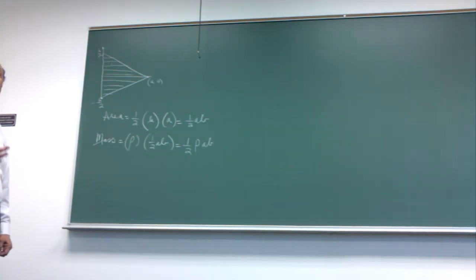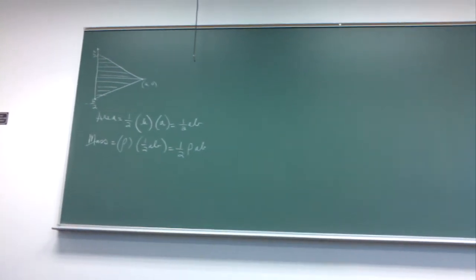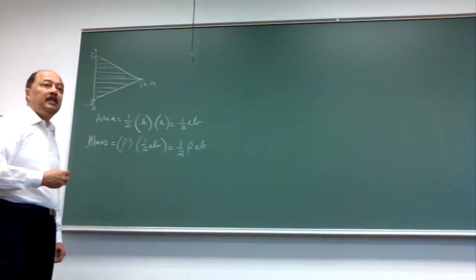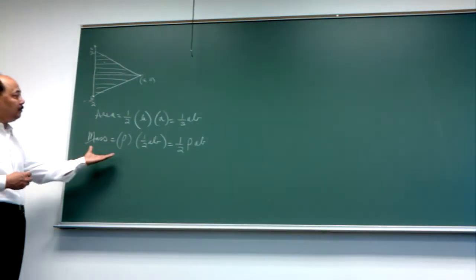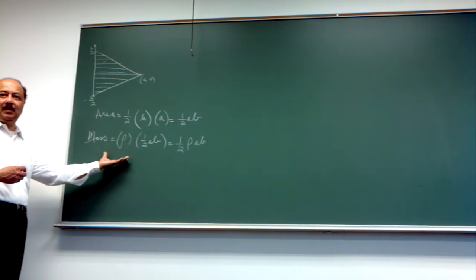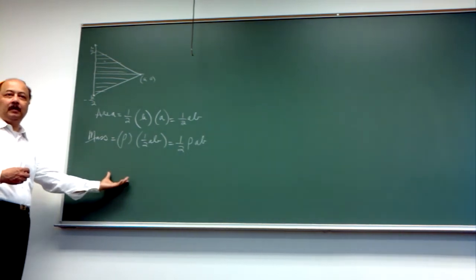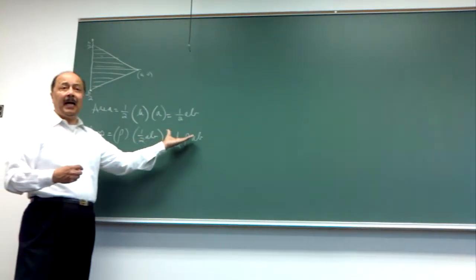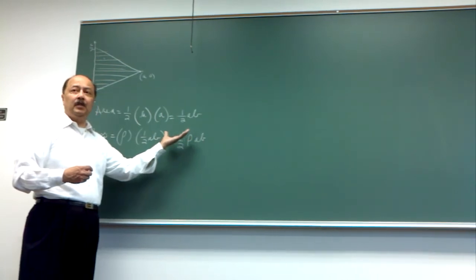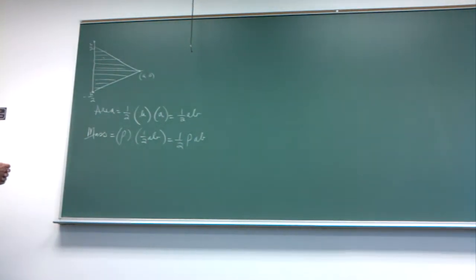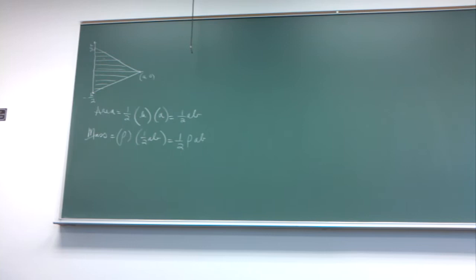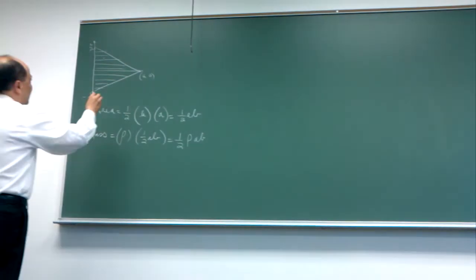Now, in order to find the center of mass, we will divide the mass times the moment arm over the total mass. We already have the total mass. All we have to do is find the mass times the moment arm. So let's take a rectangular slice.